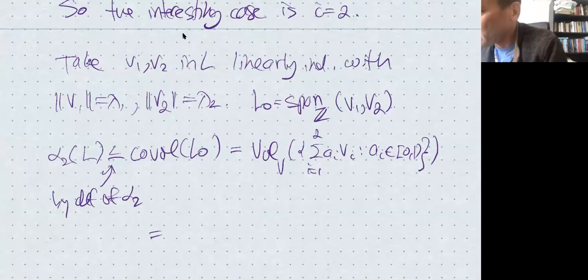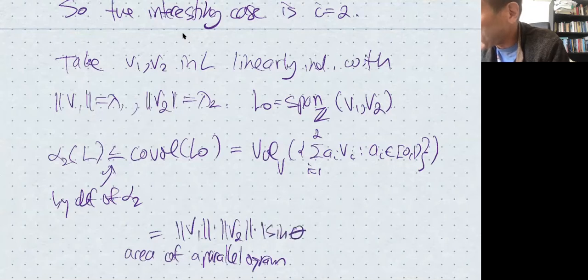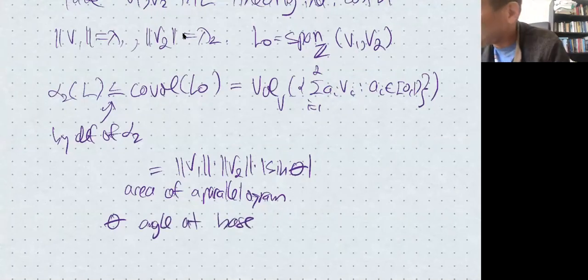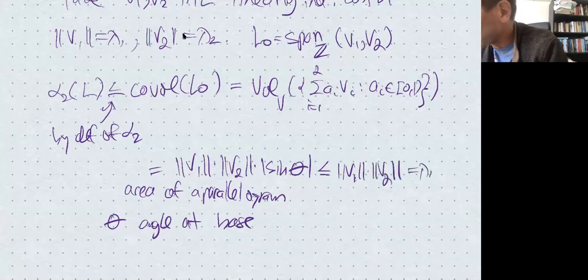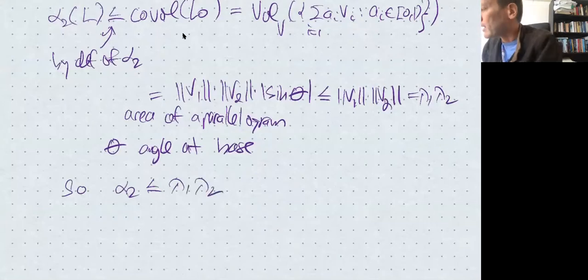In 2 dimensions, the area of a parallelogram is the lengths of the sides times the sine of the angle. So theta is the angle at the base of this parallelogram. And this is less than |V1| times |V2|, which is lambda 1 times lambda 2. So we got one inequality. So alpha 2 is less than lambda 1, lambda 2.